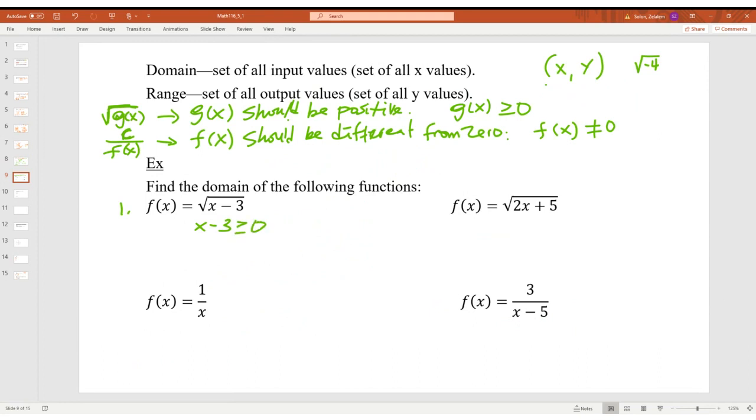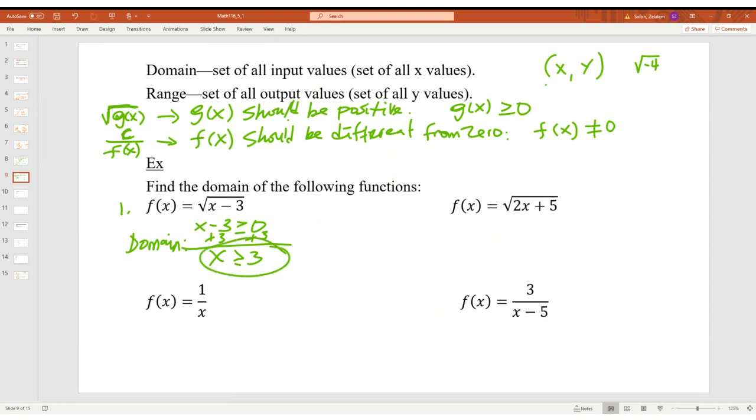That means we add 3, so we know how to solve inequalities. That means x should be greater than or equal to 3. That's the domain. The range is the possible y values. At this level, we are not going to talk about the range.